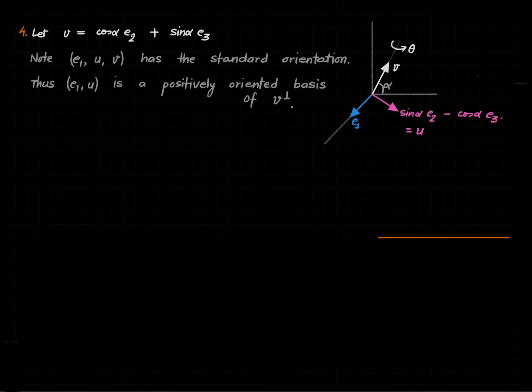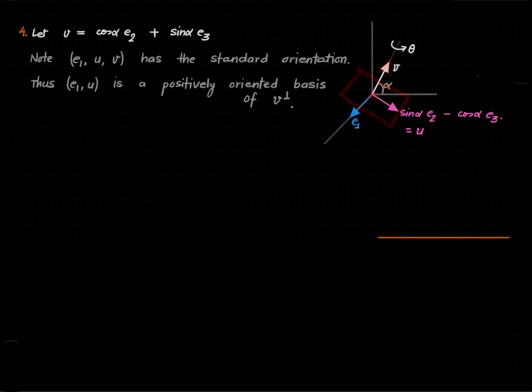So what am I trying to say? We have this vector V, and hence we have the plane orthogonal to it, which is what I'm denoting by V perp. And as the usual song we have sung, the standard orientation on R3 will get contracted by this vector to induce an orientation on this orthogonal plane.